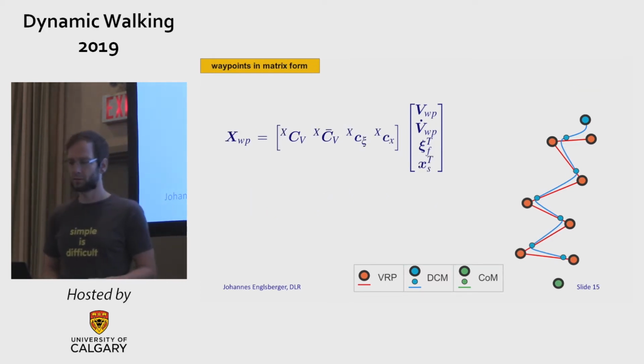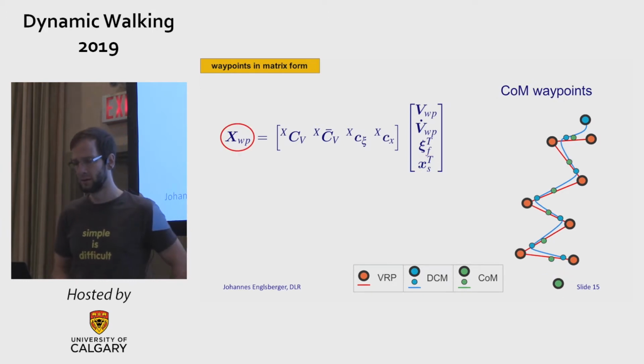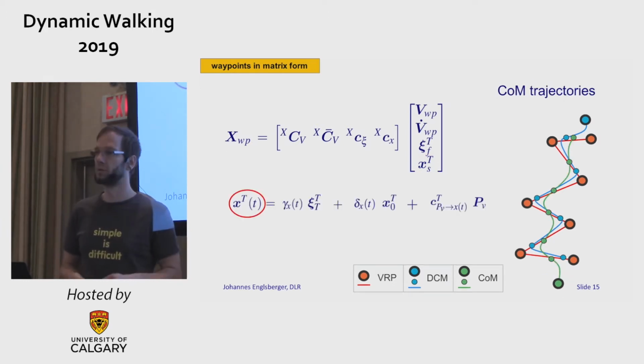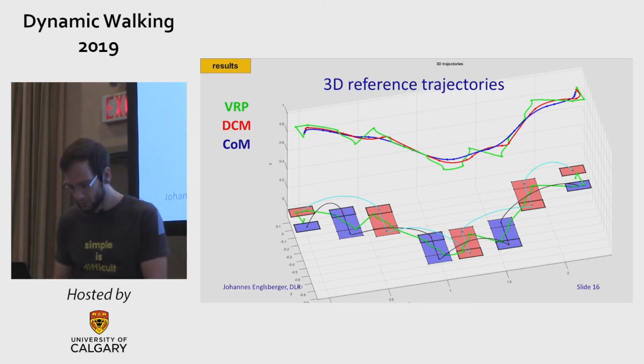Similar for the center of mass, you take the same boundary conditions just on top a center of mass initial constraint, which yields the center of mass waypoints in matrix form, and also the center of mass trajectories over time in continuous space. So this is how the 3D references look like.